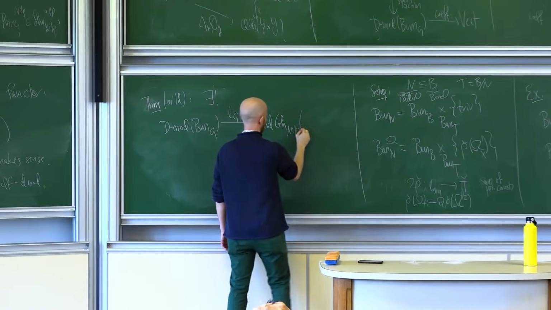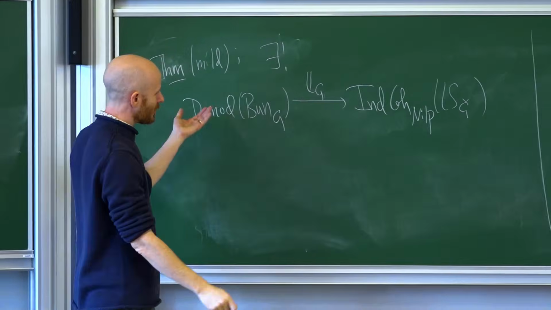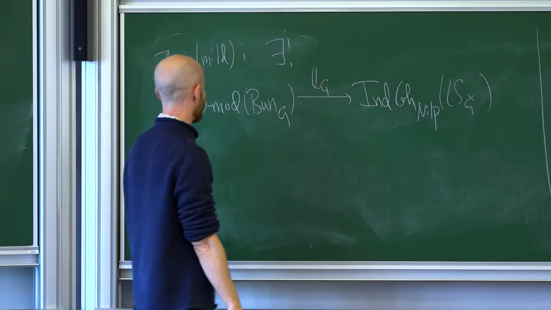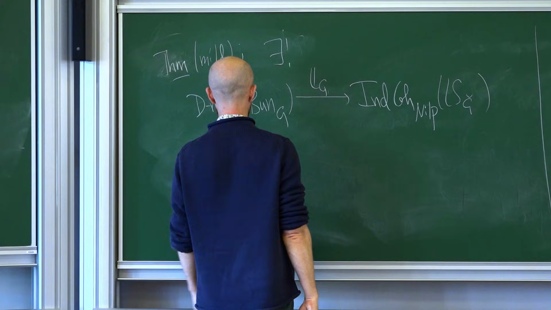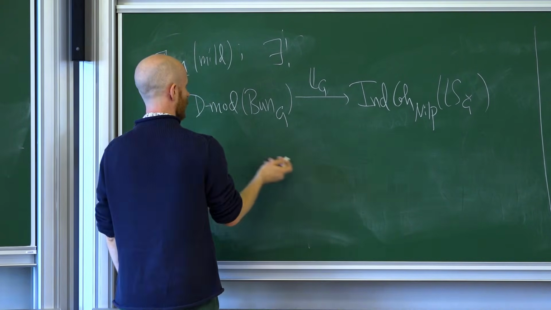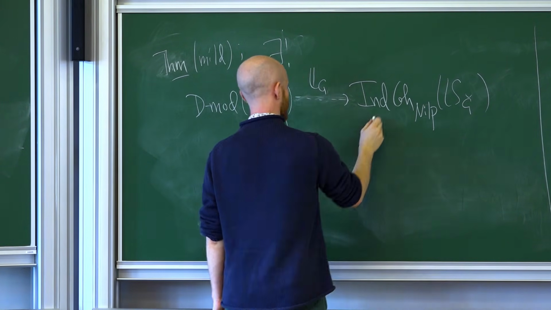I'm going to put QCoh, but it doesn't matter. It could have been IndCoh also. The same statement would work. It's just not really the Langlands functor. I just want to give a feeling for what's happening. Okay. There exists a unique lift like this.